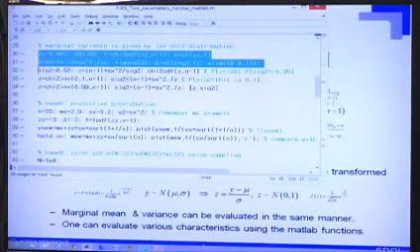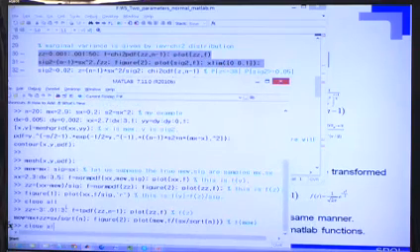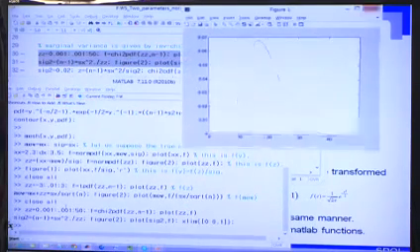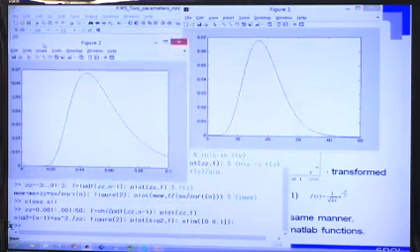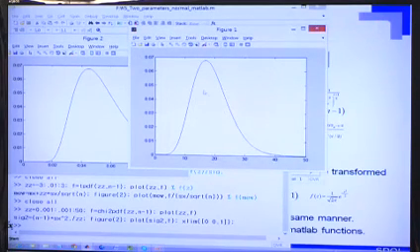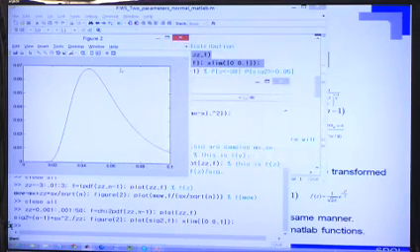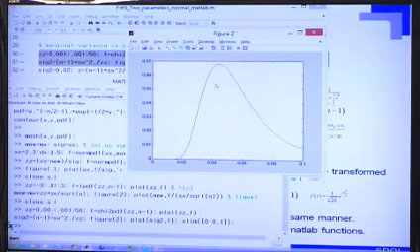So the marginal distribution, by going through this process, what we get is this standardized PDF, the PDF in the transformed domain, and this is the original marginal PDF of variance.